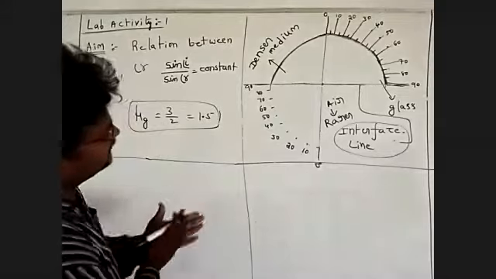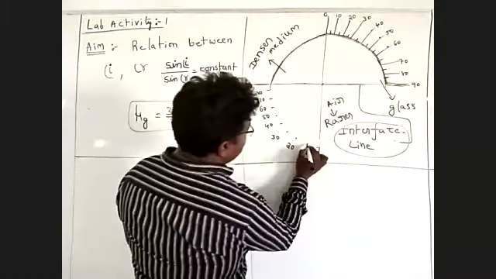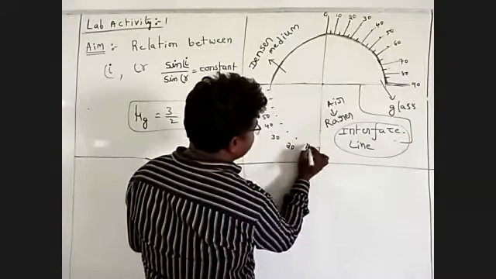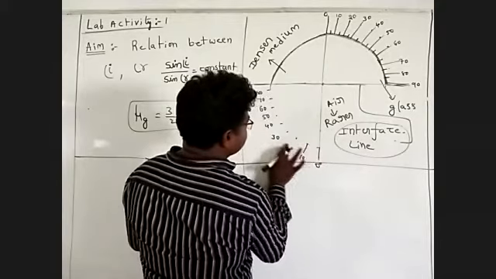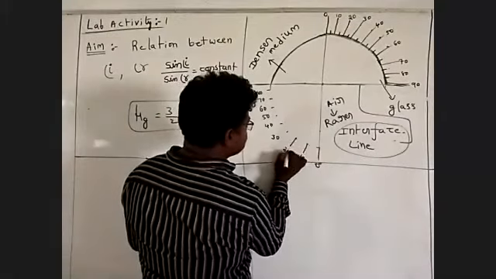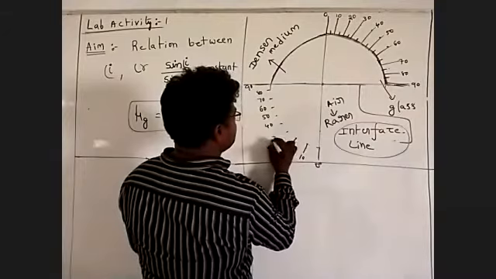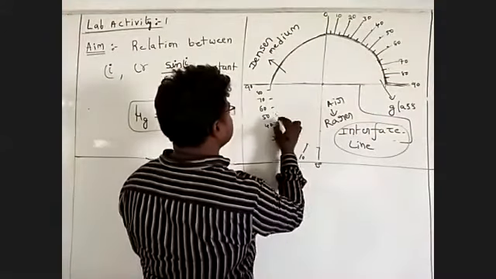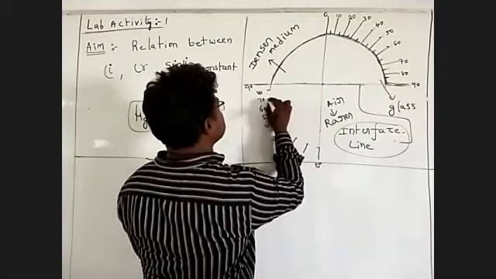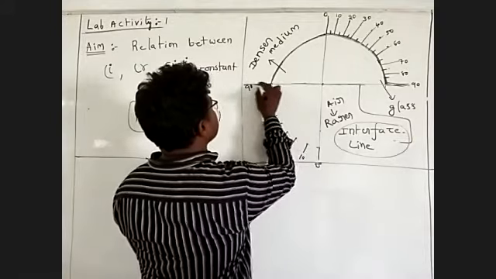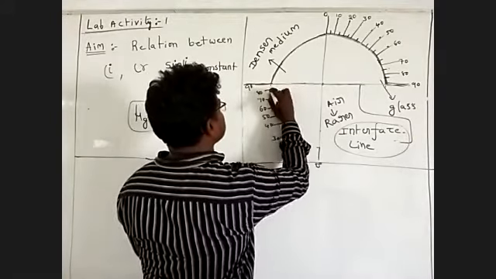These are lines: 10, 20, 30, 40, 50, 60, 70, 80, 90. These are angles.